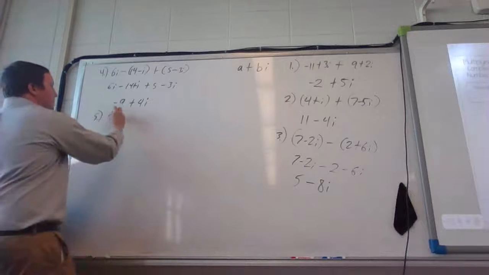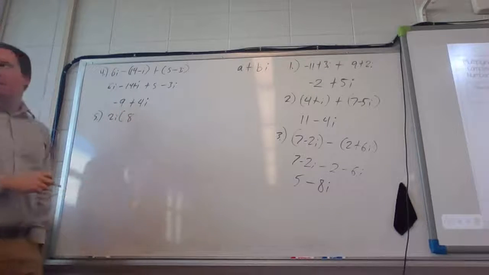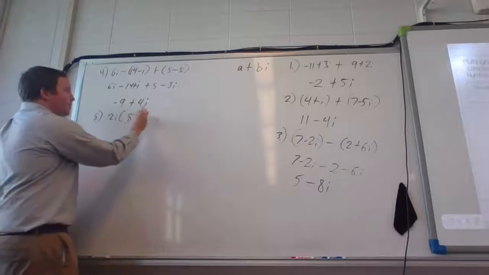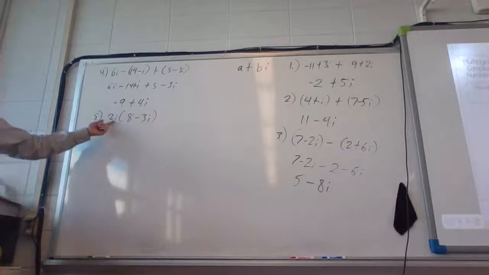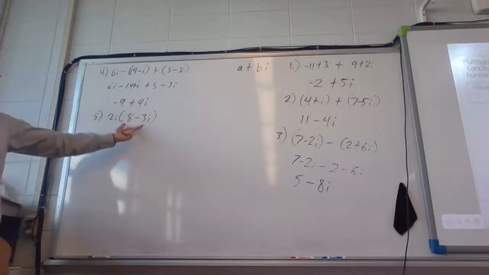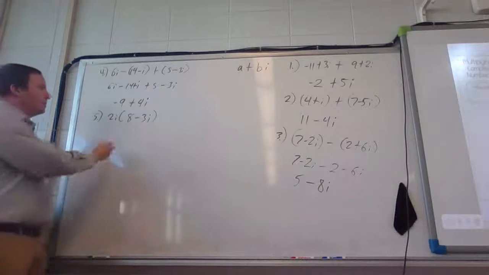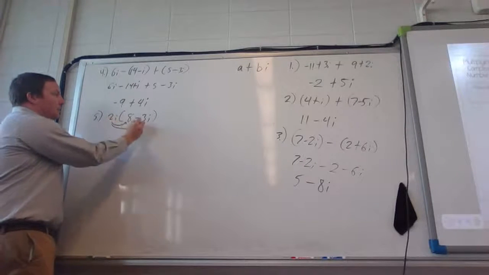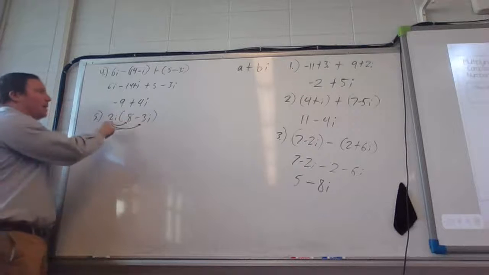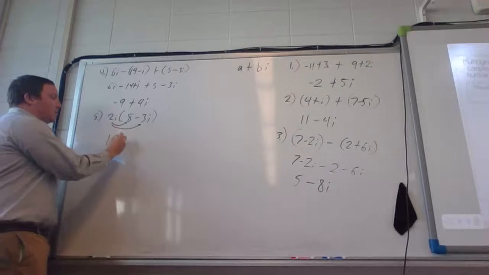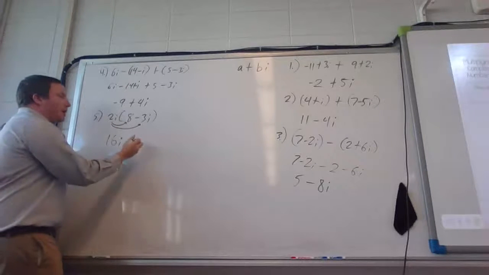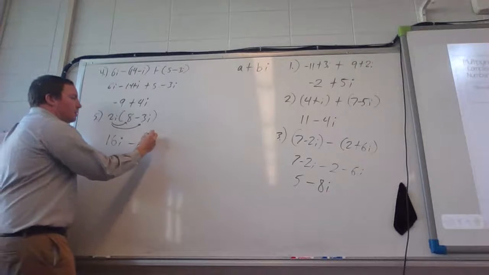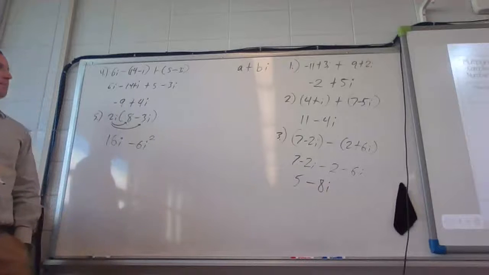So we have 2i times 8 minus 3i. So in this case, we've got 2i. We need to distribute it to everything on the inside. So 2i times 8, 2i times -3i. So 2i times 8, 16i. And 2i times -3i, -6i squared.